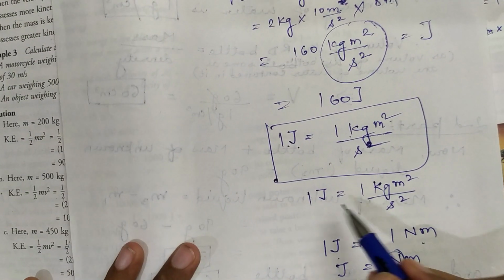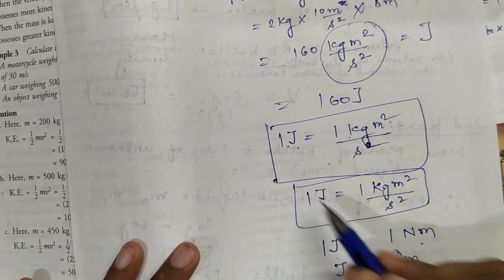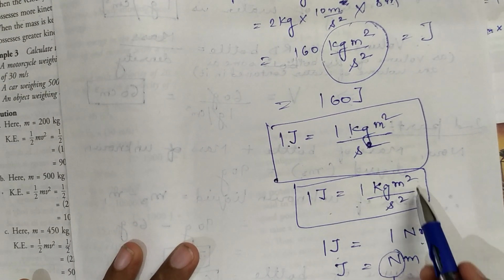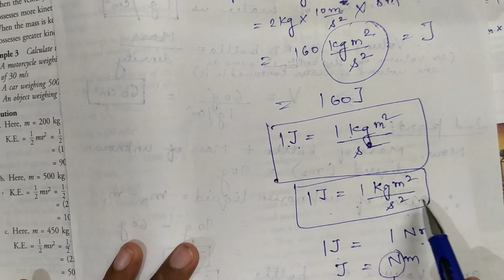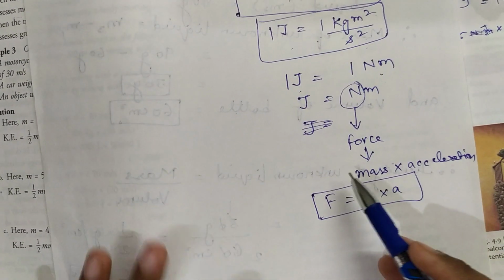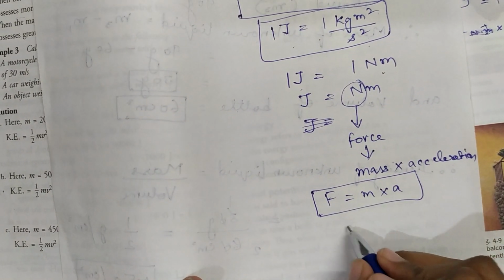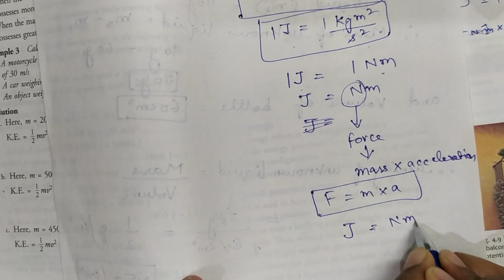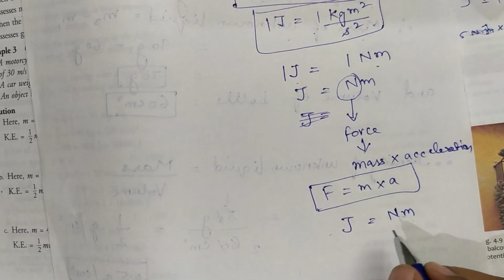Now I am going to tell you how we have arrived at this, that 1 joule is equal to 1 kg meter square per second square. How did we get this? Since you know, children, joule is equal to Newton meter, because either you write joule or Newton meter, both are the same.